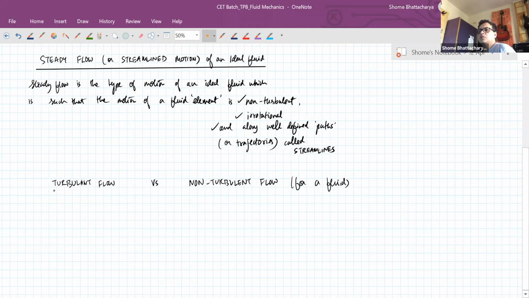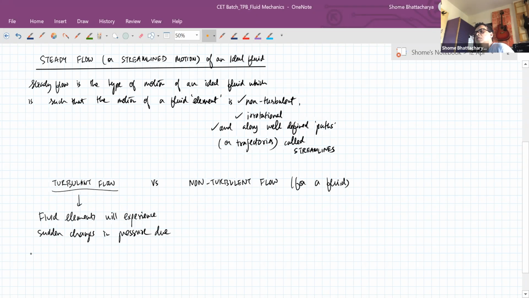What happens in turbulent flow is that fluid elements will experience sudden changes in pressure due to high velocity collisions during their flow or motion.